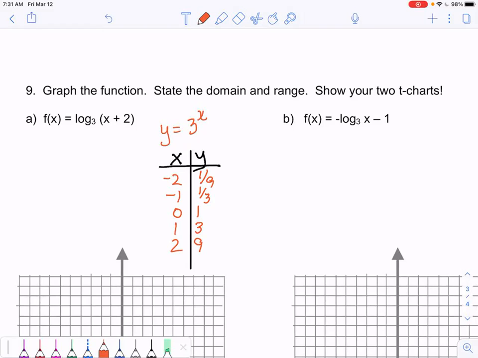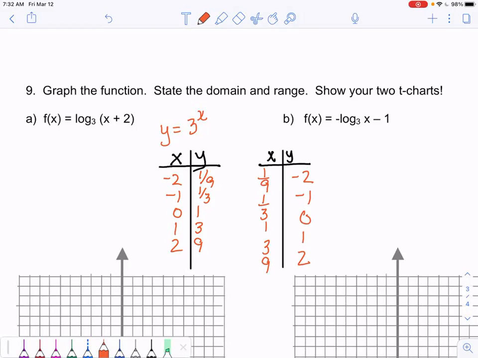All right, so to find the log function, Gabby, what do you do if I'm trying to find a log function using the exponential form? Yeah, so you switch the x and y. So I'm going to switch the x and y's. And now I have a 9, 1/3, 1, 3, and 9. And then we still have -2, -1, 0, 1, 2.